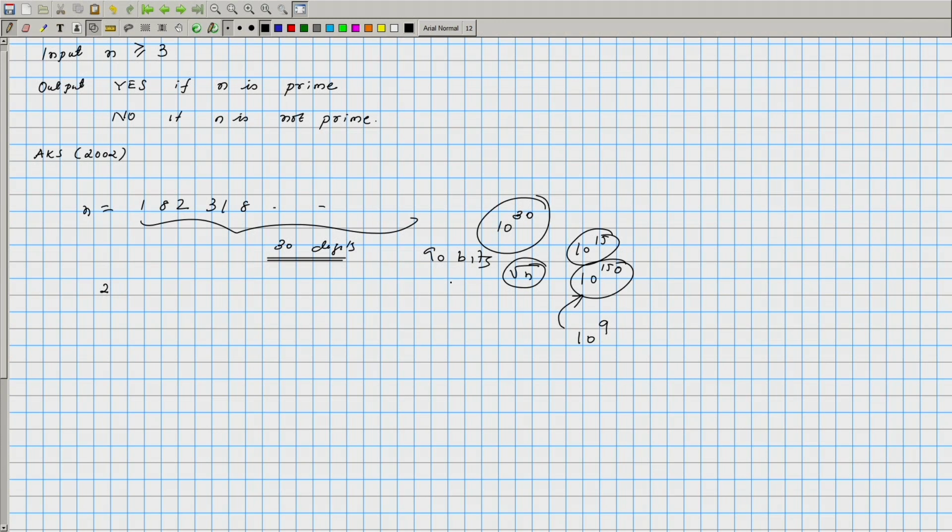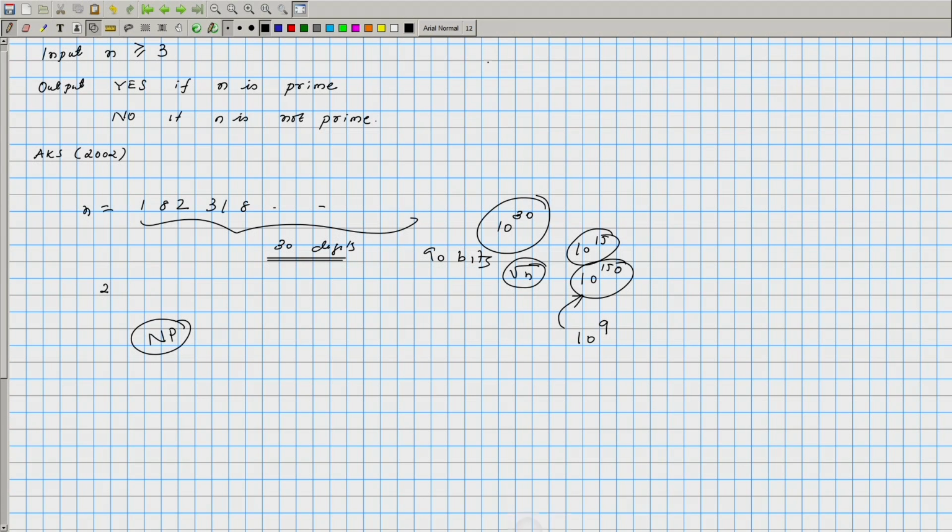Is there some way by which somebody can convince me that this number is a prime without having to check all the numbers up to square root n? Maybe to show that this belongs to P is difficult, but can we try and show that this belongs to NP? Is there a small certificate? That is what we will be seeing.